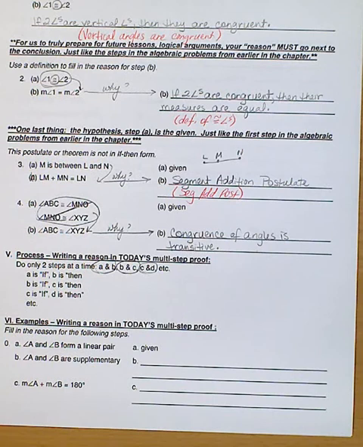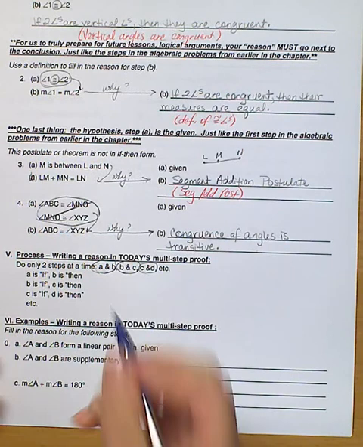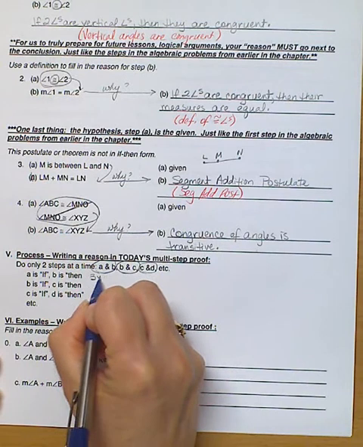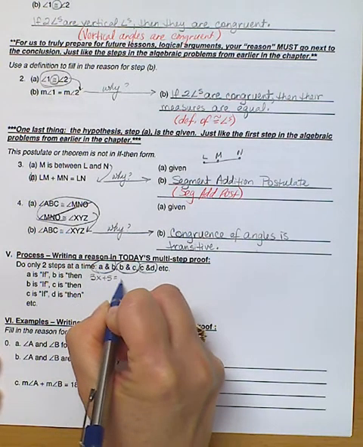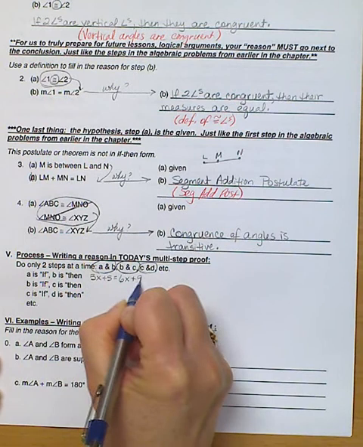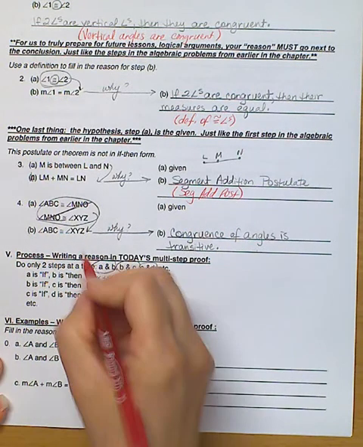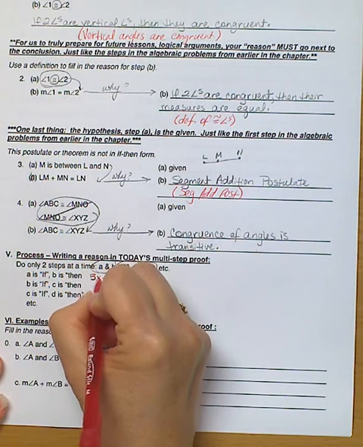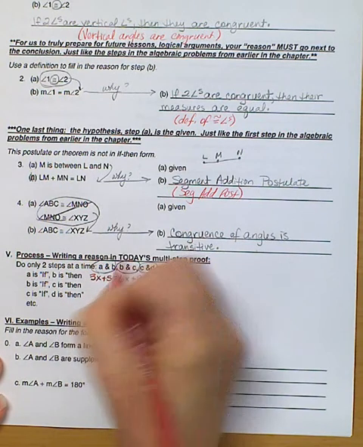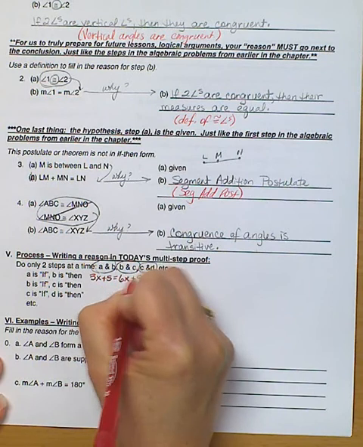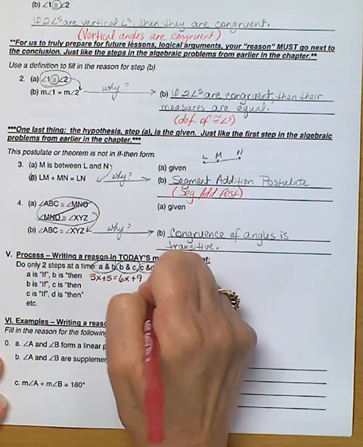So let's say we had 3x plus 5 equals 6x plus 9. Sorry, I know it's not in red, so you don't have to write it down. This would be your A. Then 5 equals 3x plus 9.